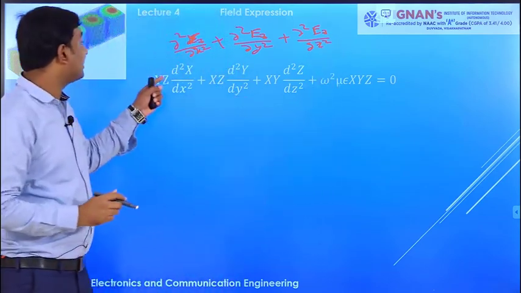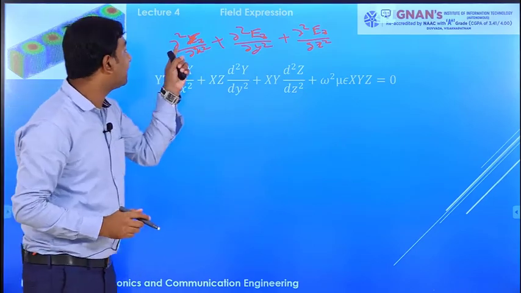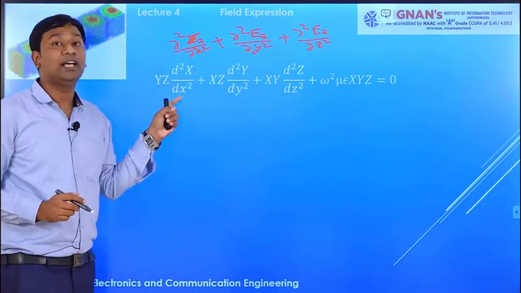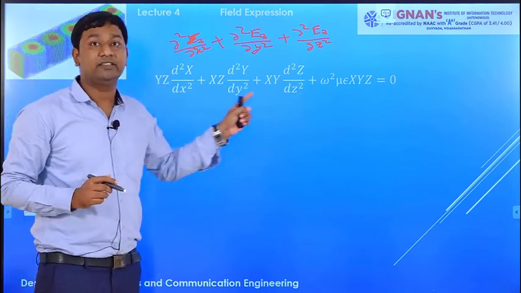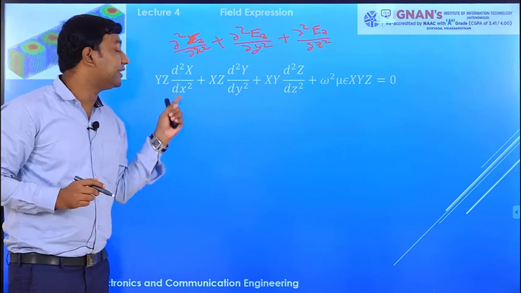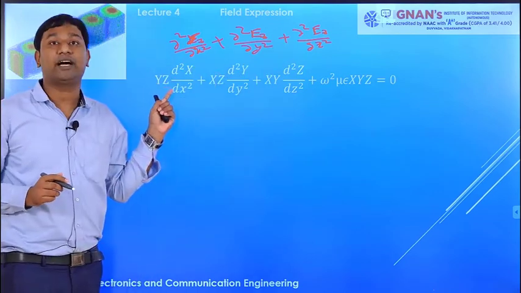But now if we place Ez equal to XYZ, the partial derivative is converted to a whole derivative, because it is only a function of x. Y and Z we take as constants and keep outside.